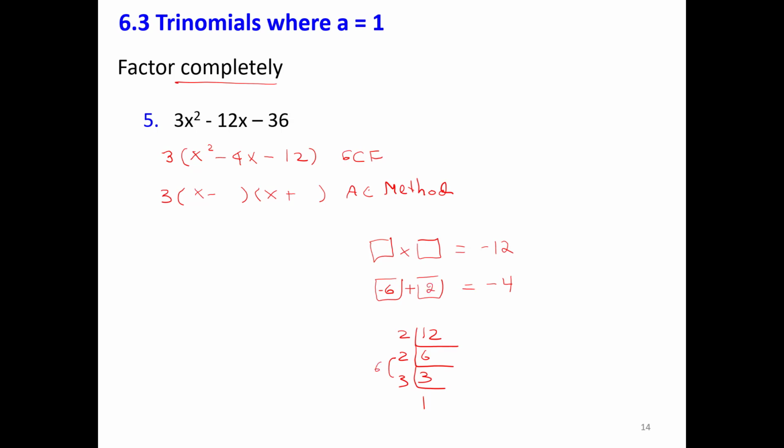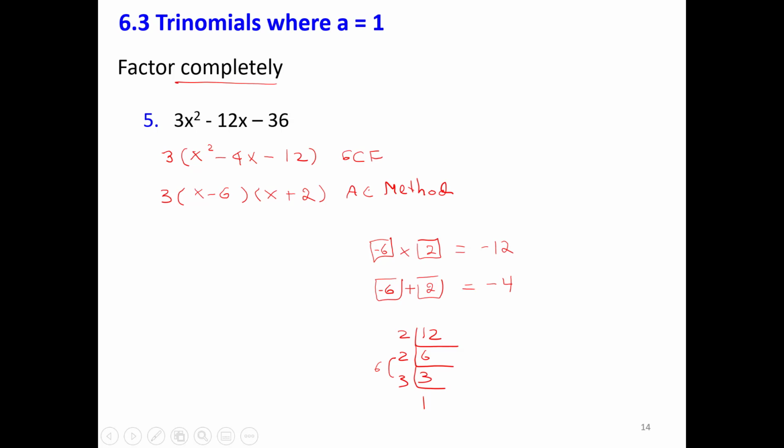Yes, negative 6 plus 2 is negative 4, and 6 times 2 is 12. Then the numbers are 6 and 2. Yes.